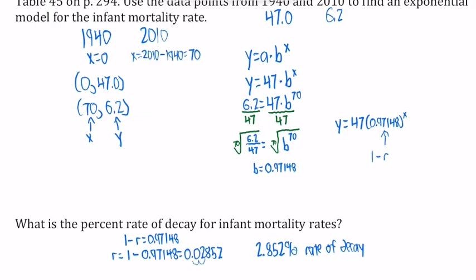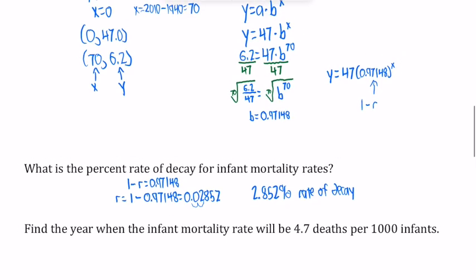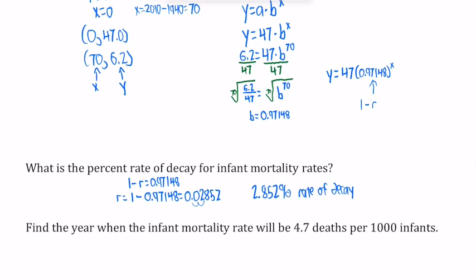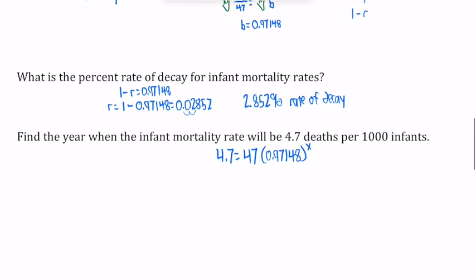If we look at our last question, it says, find the year when the infant mortality rate will be 4.7 deaths per 1,000 infants. So here we're going to take the formula that we came up with and put in 4.7 for y. This gives us 4.7 equals 47 times 0.97148 raised to the x. And we're going to solve for x.